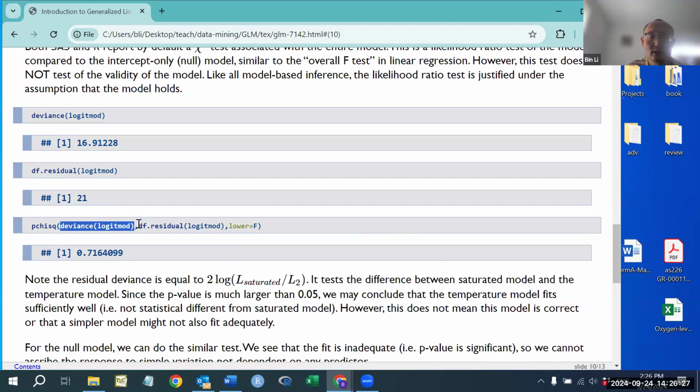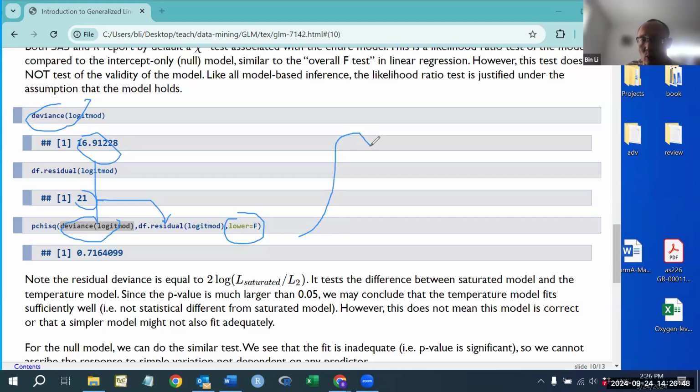Okay, so here we have the residual deviance, this one is 16.91, and the degrees of freedom is 21, right? And we want to find the p-value. So lower.tail is FALSE. What does that mean?